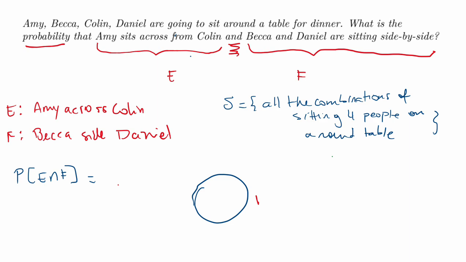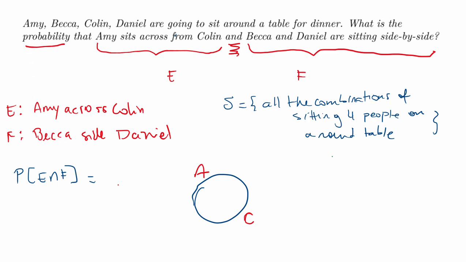So what we can do, and again, when we say sit across or around a table, we have to close the circle, right? So let's think about this. If Amy chooses to sit here, event E is actually Amy sitting here and Colin sitting just across from Amy.